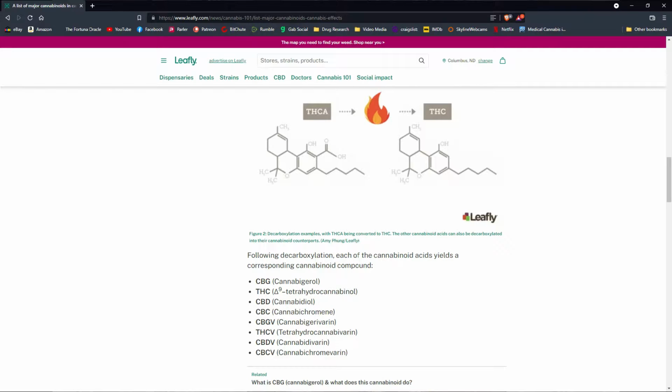So CBGA turns into CBG, THC, CBD, CBC, CBGV, CBCV, CBDV, and CBCV. So all of these compounds change as you add heat to the cannabis. Hence the burning notion. When you burn it, you get high.